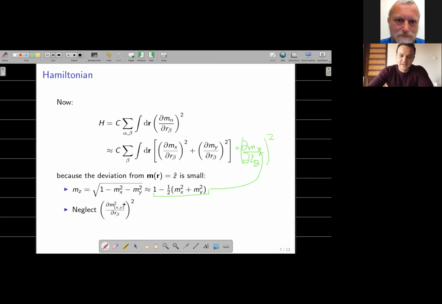What we'll find are terms proportional not to the first derivative to the second power, but to the first derivative to the fourth power, which can be neglected. And that's how we end up with the form that is written here.